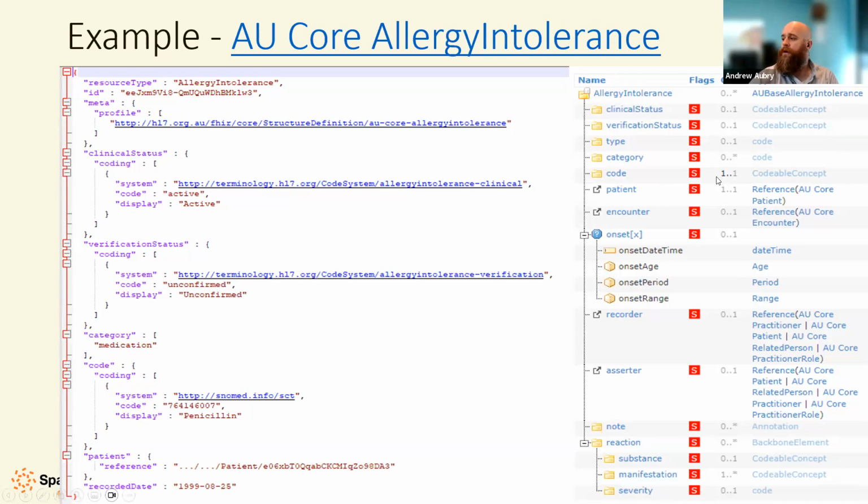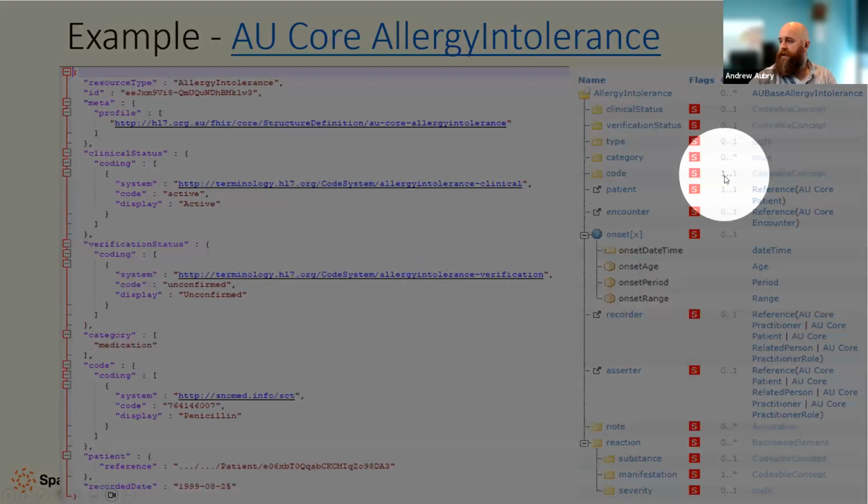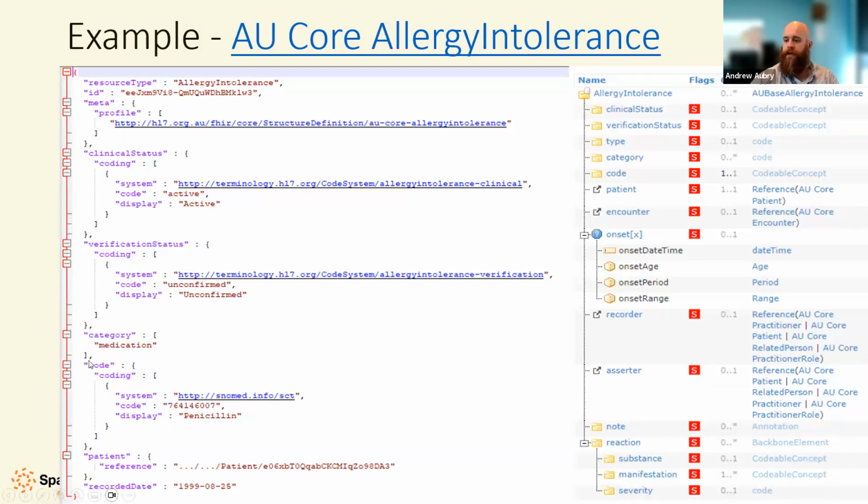So our allergy intolerance has a cardinality of 1 for the code and 1 for the patient. We have a code and patient element on this resource. And outside of that, there are no other requirements enforced other than things such as the actual types of the elements, which should also be valid.